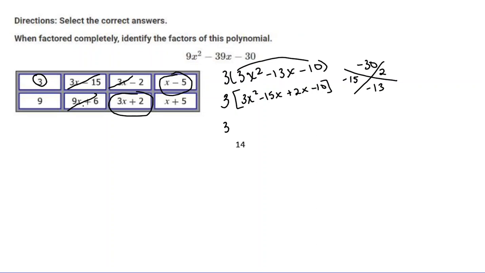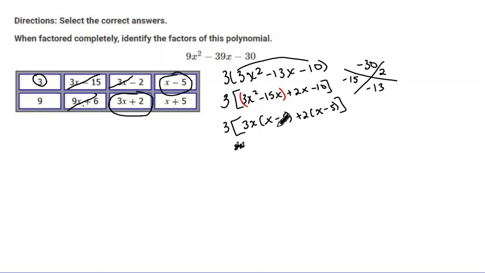So I can go ahead and group the first two, and then take out a 3x. So you have x minus 5 here. And then take out a 2 here. So that x minus 5 as well.